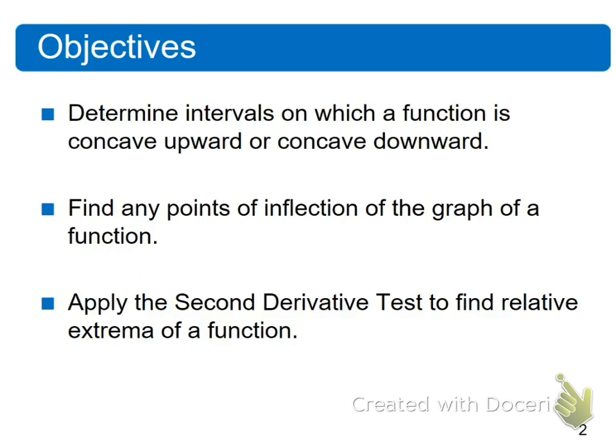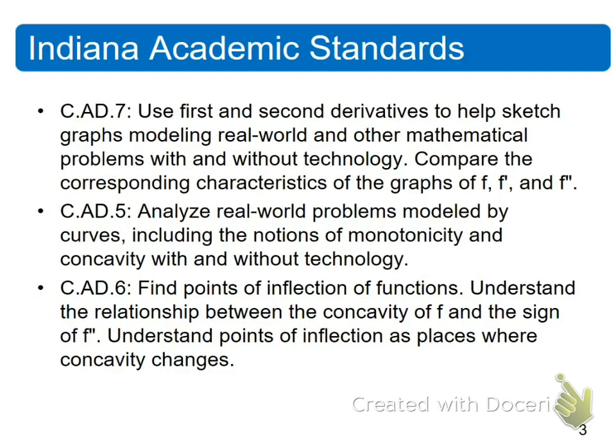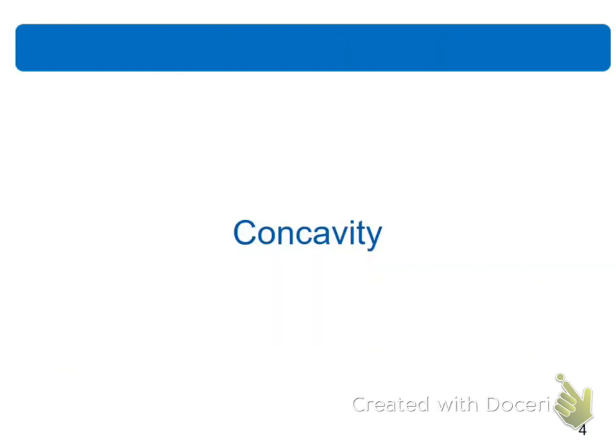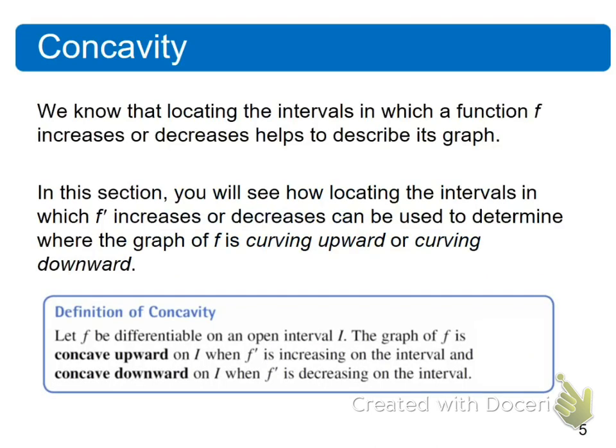We're going to find what we call points of inflection, and we're going to learn the second derivative test. Here we go. So what is concavity? The definition of concavity, which really doesn't help us, but it is good to understand. Let f be differentiable on an open interval.